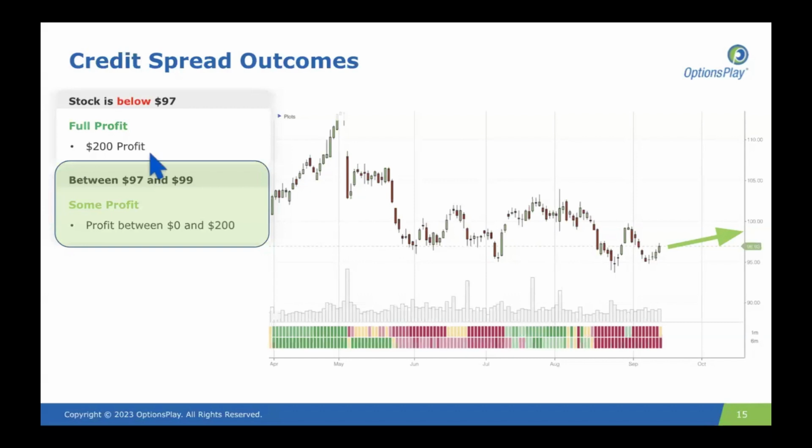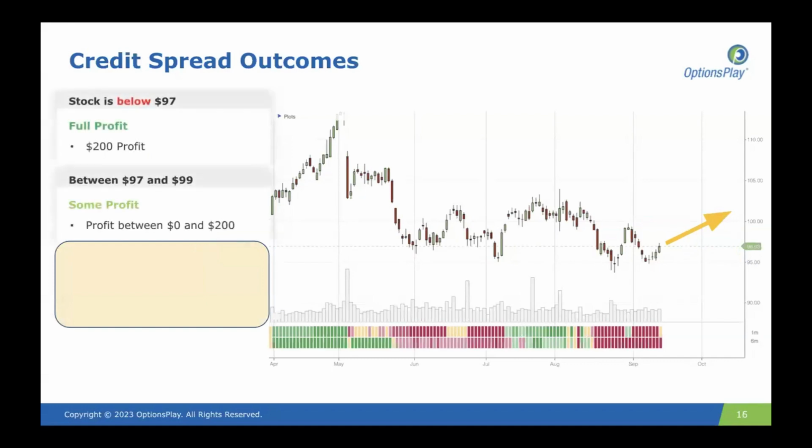We'll have some profit if we stay within this range, and this is where the chart is showing it on this side. That's where the hardest scenario is: where do I want to take the profit? We'll go through a few of those examples once again, just like we did on the debit spread.